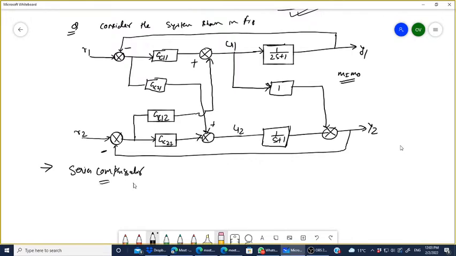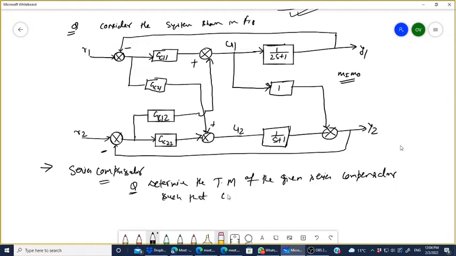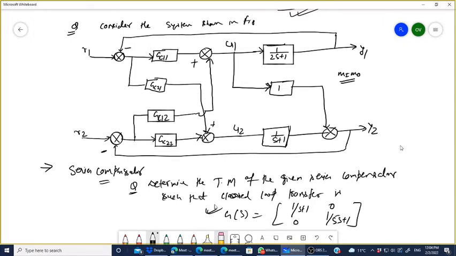So the question is you have to calculate or determine the transfer matrix of the given series compensator such that the closed loop transfer matrix GS is equal to 1 upon S plus 1, 0, 0, 1 upon 5S plus 1. So this is the closed loop transfer matrix given.